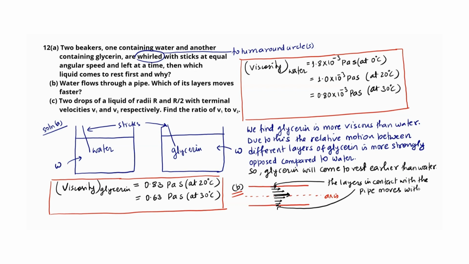As we move from the surface to the axis in this direction, the velocity of the layer goes on increasing and is maximum for the layer moving along the axis.